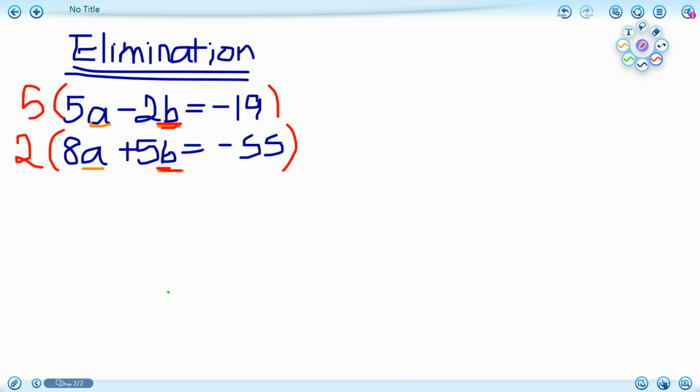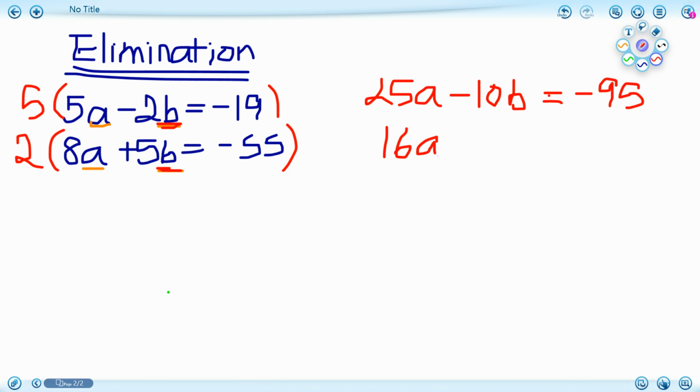Once I do that, I'm going to get 25a minus 10b is equal to negative 95. I'm going to do the same thing here. We get 16a plus 10b is equal to negative 110.